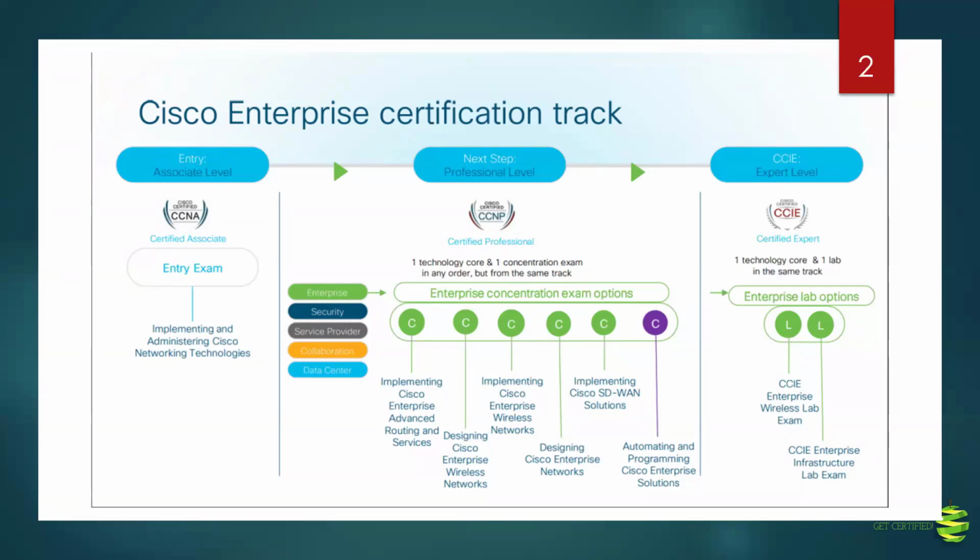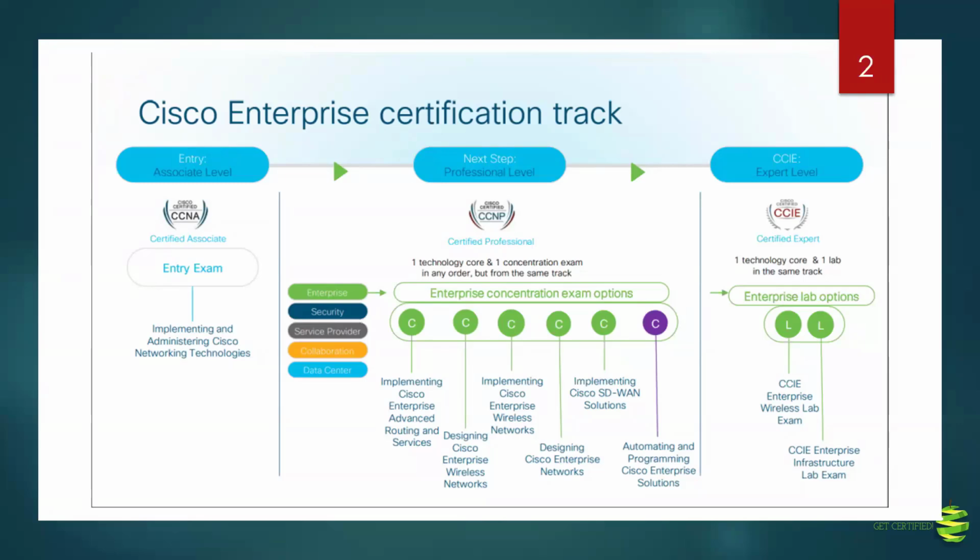So talking about CCNP or Cisco Certified Networking Professional, there are two exams now that you need to pass. One is called the core exam, and one is called one of the concentration exams. The core exam is always called core, and depending on which track you are, there are different names. For enterprise networking, it is Enterprise Infrastructure, which used to be called routing and switching. It is called ENCOR exam.